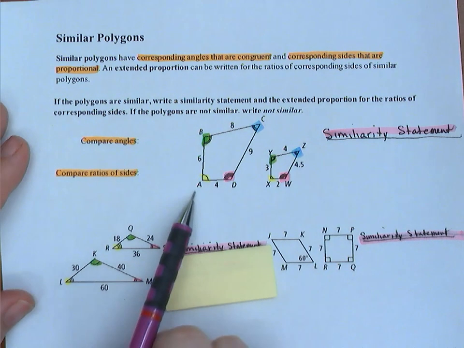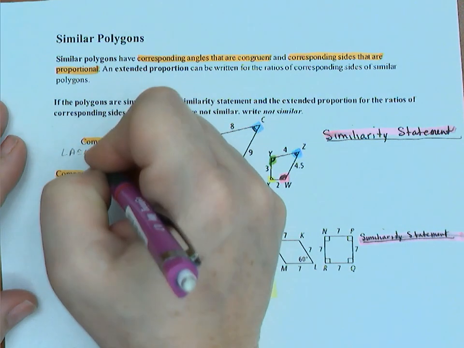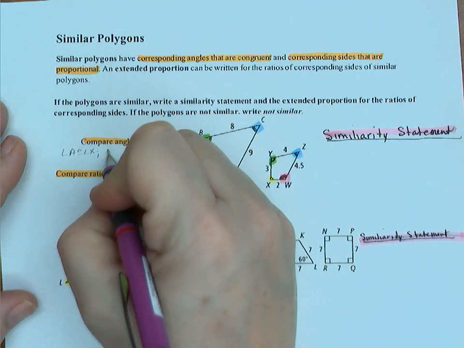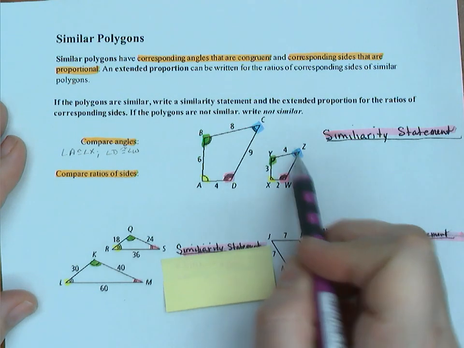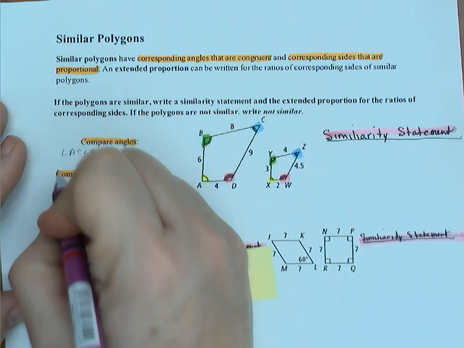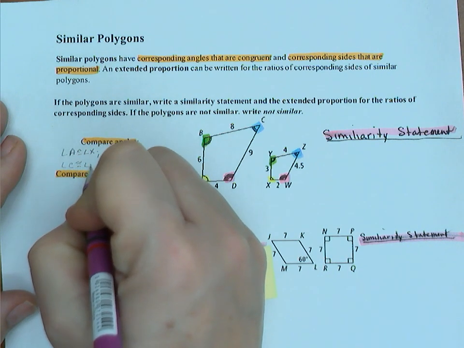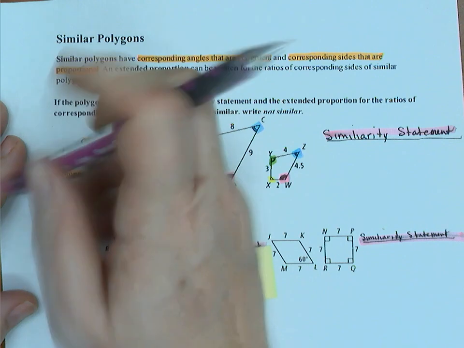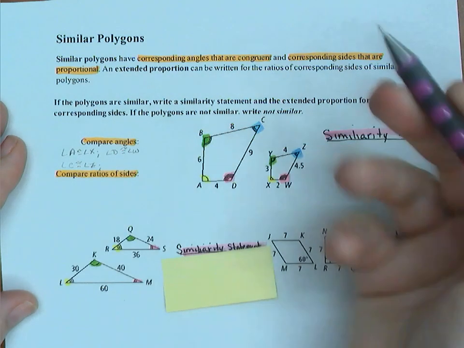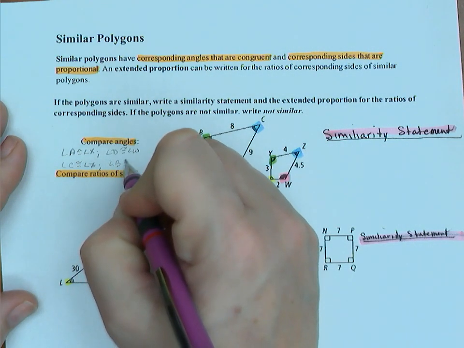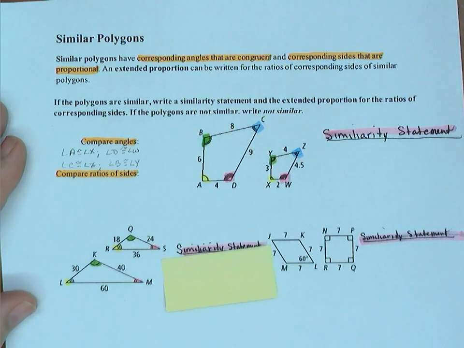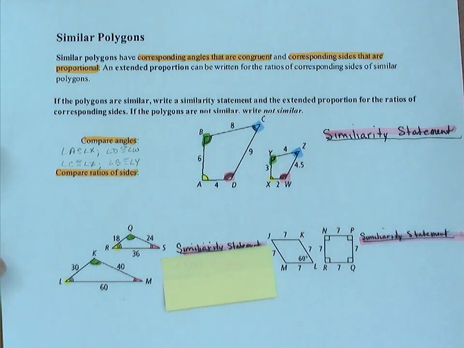I can see that angle A and angle X are congruent, so I'm going to write angle A is congruent to angle X. And then I know that D and W are congruent, so angle D is congruent to angle W. And then angle C is congruent to angle Z, and angle B is congruent to angle Y. So all of my corresponding angles are congruent.